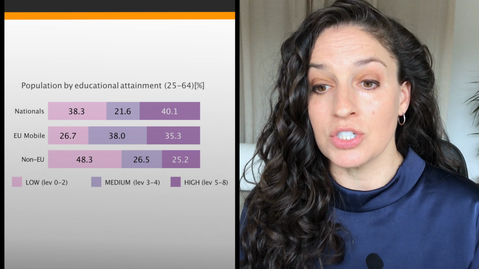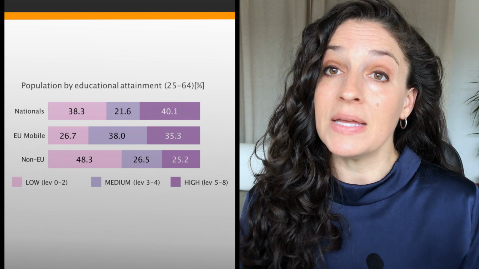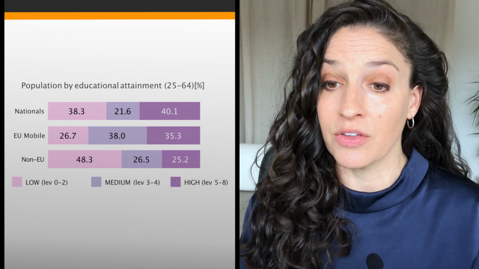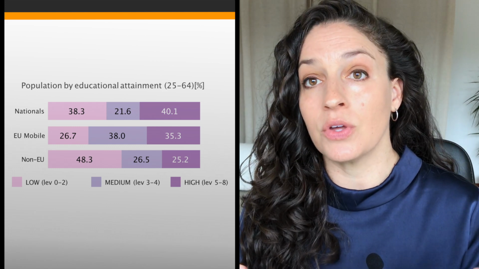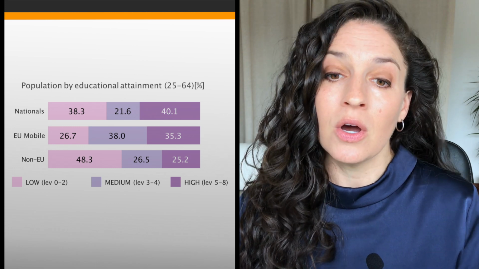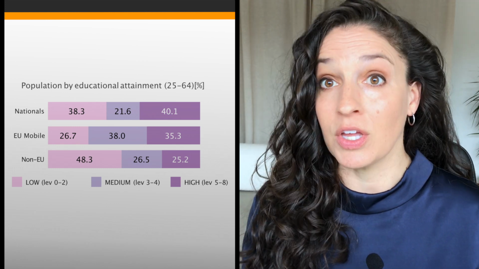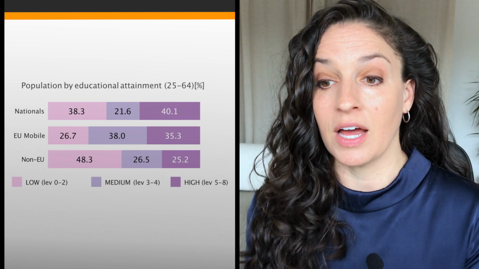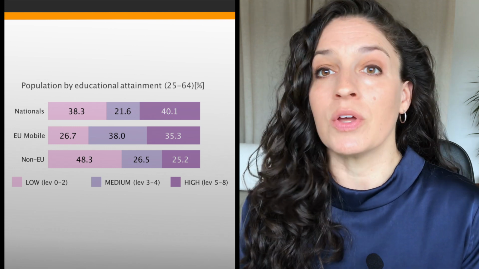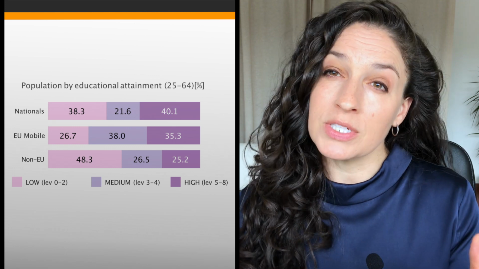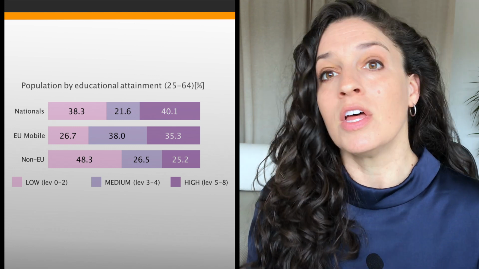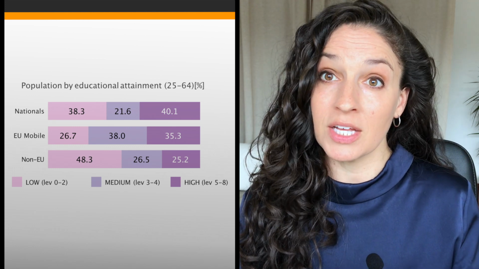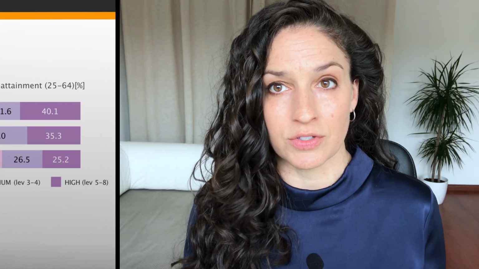EU immigrants generally have more mid-level education than the other groups, and those coming from outside of the EU are more represented as having low education. But they still do have medium level and higher levels of education with about 50%. So 50% or slightly more than 50% of the non-European immigrant population does have medium or higher levels of education.